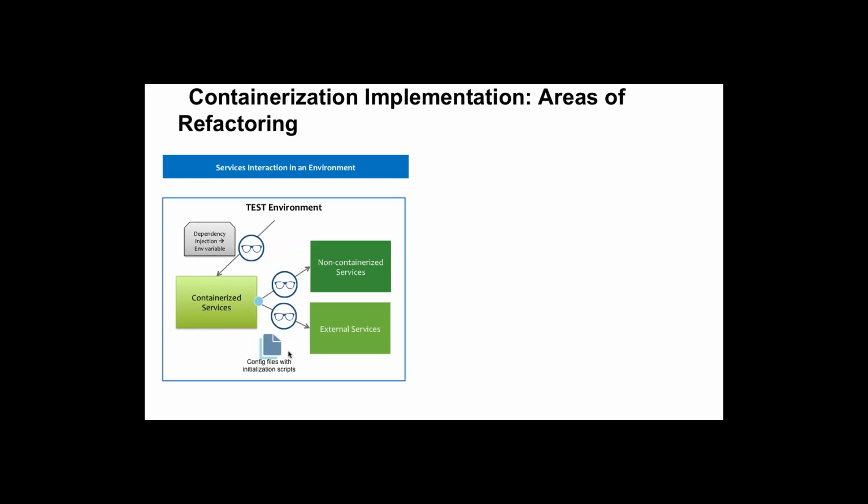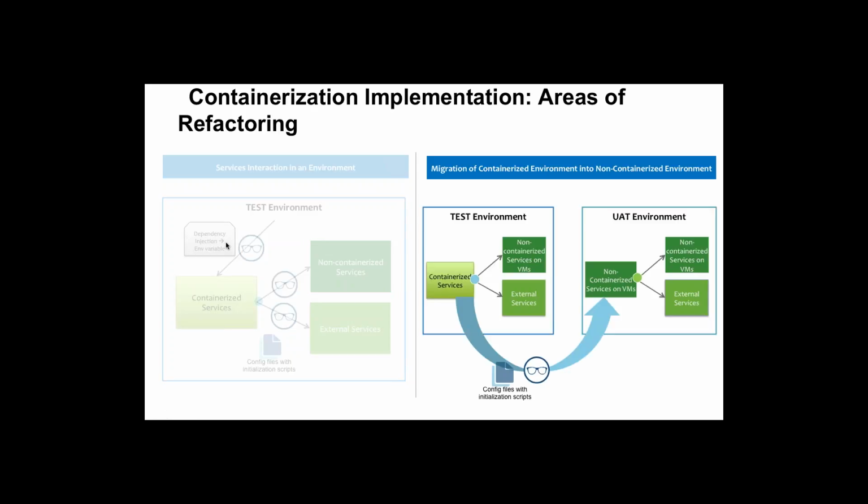That's going to help you with modularizing the application. And Nirmata provides something called dependency injection through environment variables and various other methods that helps you at runtime inject the dependencies you have across the environments and within the application.